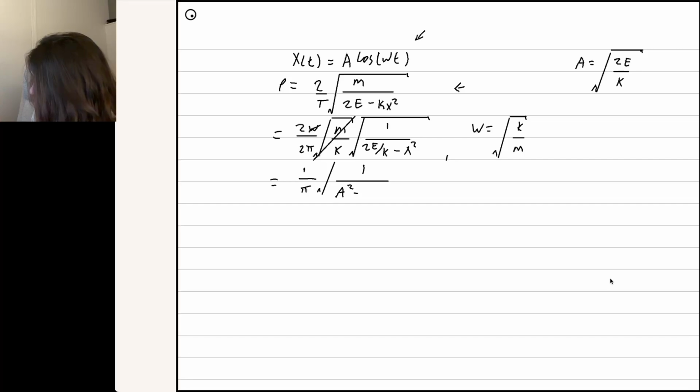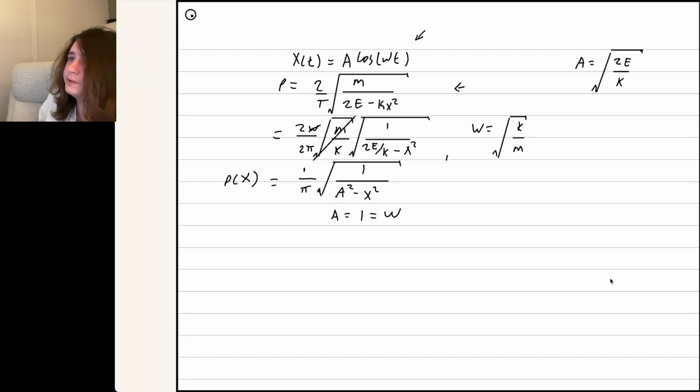Made an error there. So it's 1 over pi times the square root of 1 over a squared minus x squared. That's the probability distribution that we're going to be turning into code. And for the problem, it says that you can set a and omega both equal to 1, so that's also what we're going to do.